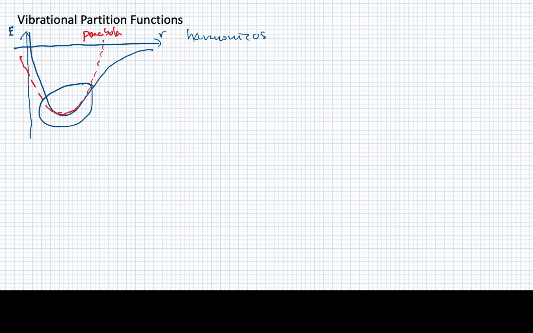Now we've already seen what the energy levels are for a harmonic oscillator. So I'll call those E vib, and they are functions of a quantum number V, and they're equal to h bar omega times V plus a half, and they go from V equals 0, 1, 2, up as high as you want to go.